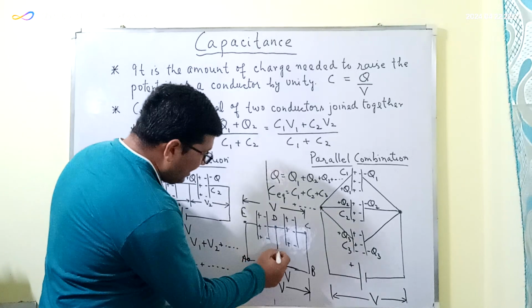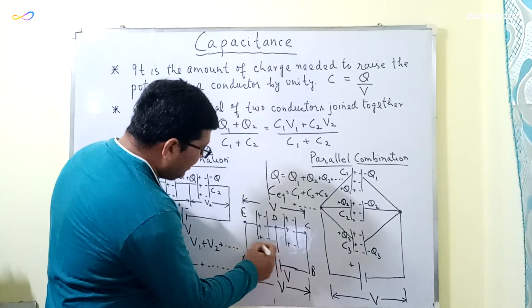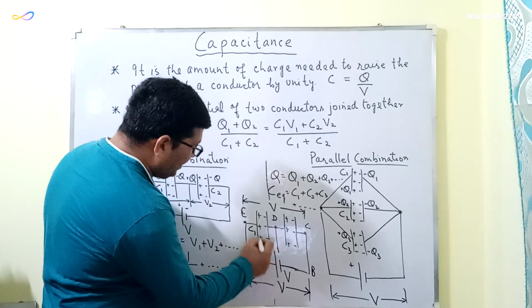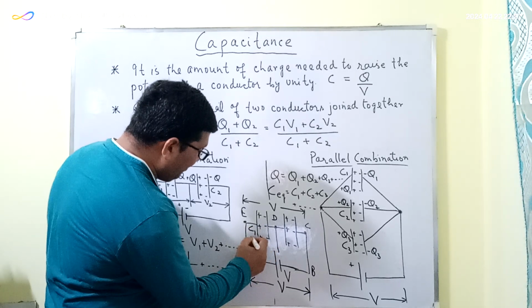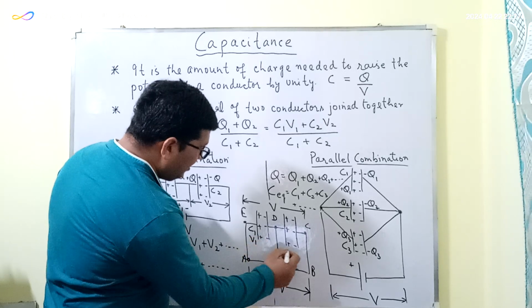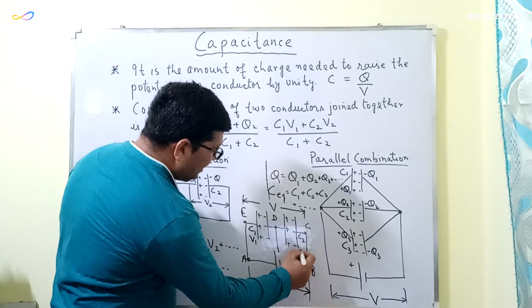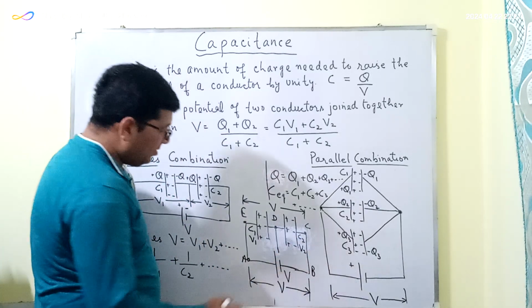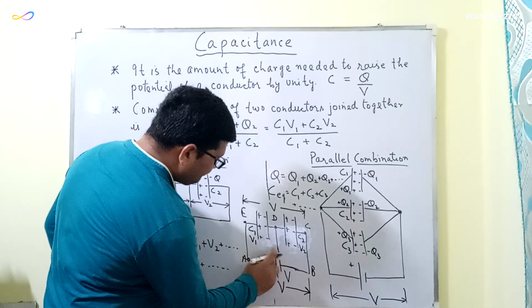Let us say this is the capacitor C1 and the potential difference across this capacitor is V1, and this is the capacitor C2, and let us say the potential difference across this capacitor is V2.